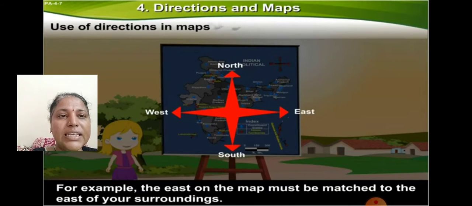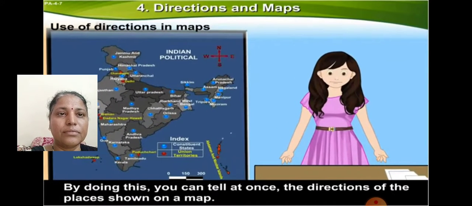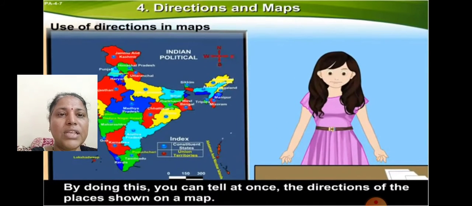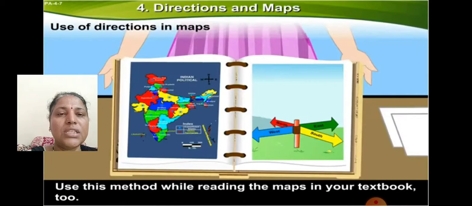For example, east on the map must be marked on the east of our surroundings. By doing this, you can tell at once the direction of the place shown on the map. Use this method while reading the maps in your textbook too.